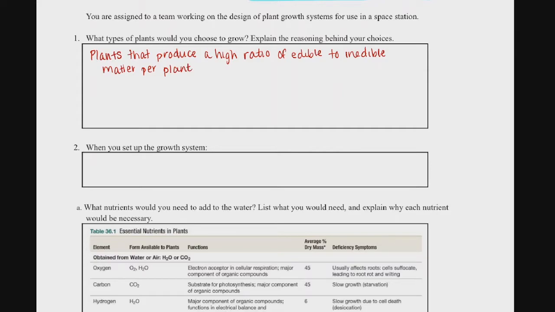An example of this would be a potato. It produces a much higher ratio of edible to inedible matter. An antithesis of this example would be a wheat plant that produces a relatively low ratio of edible to inedible matter per plant.